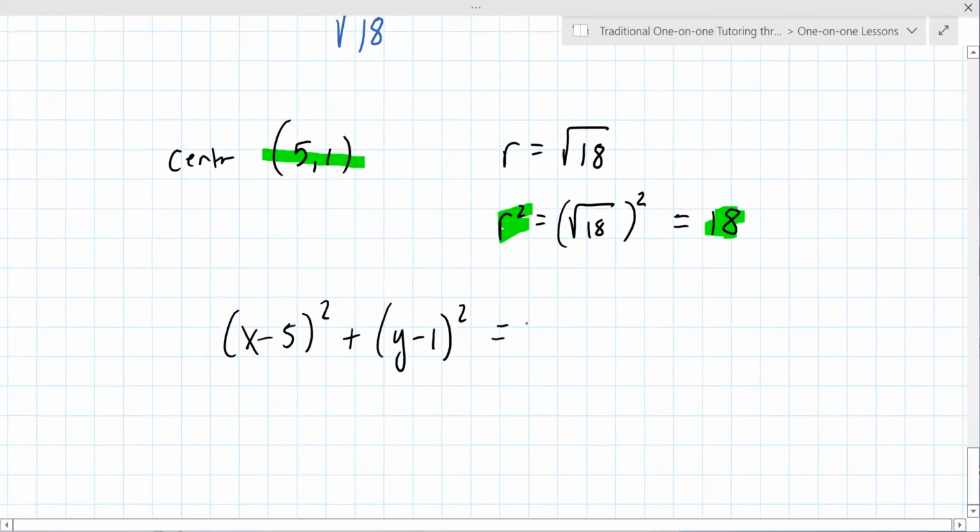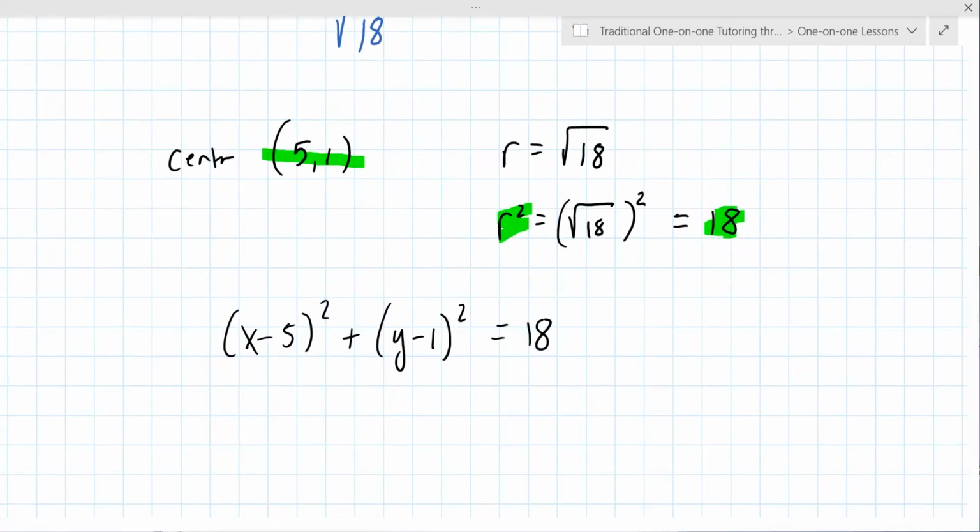Do you have the squares in there? If you don't, please add them, because they're very important.